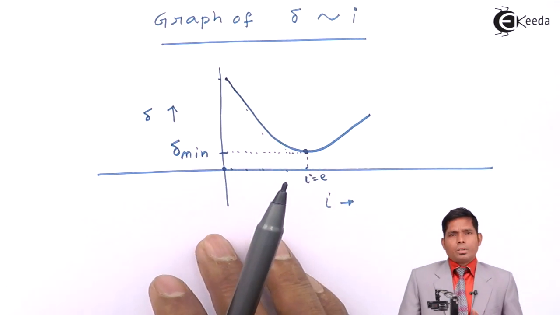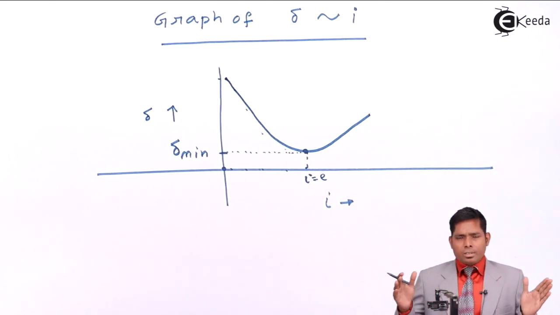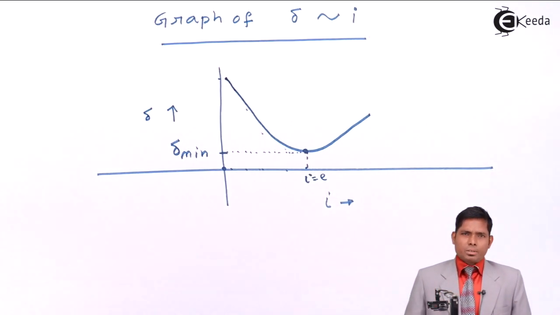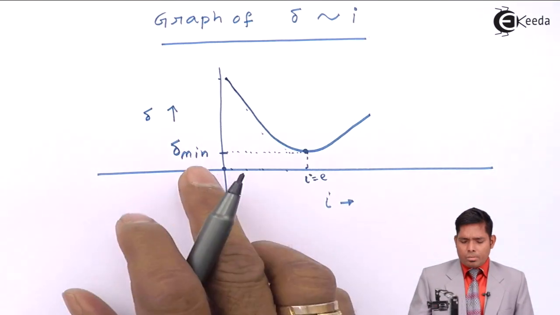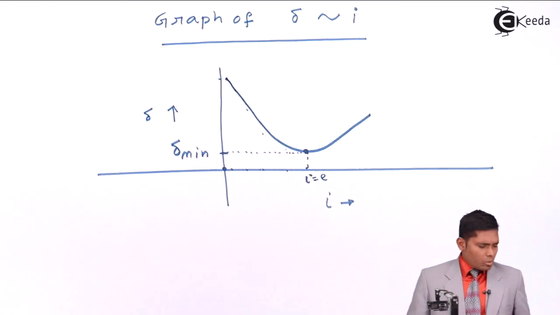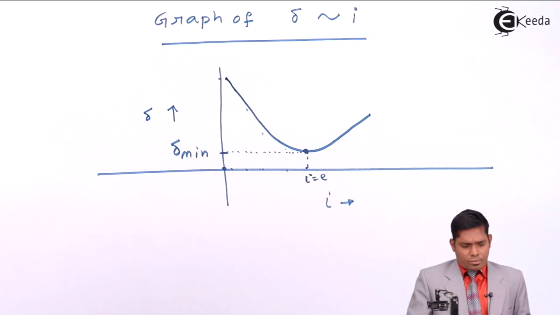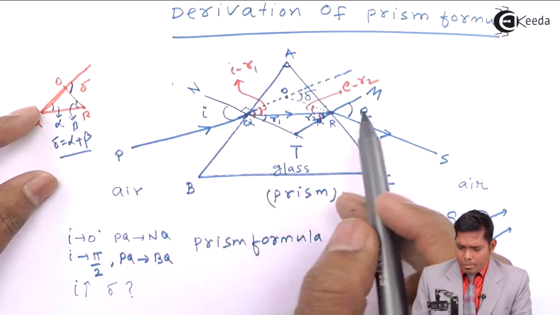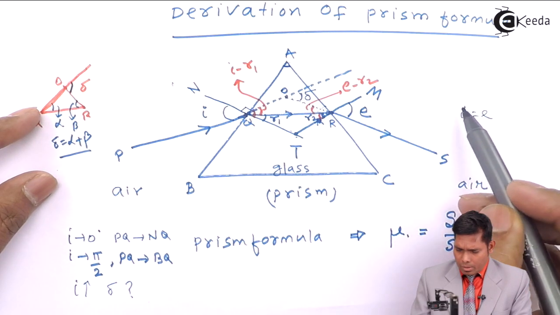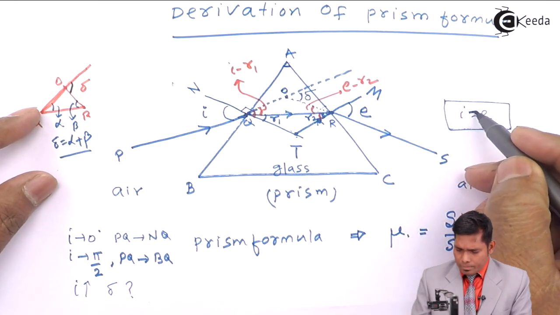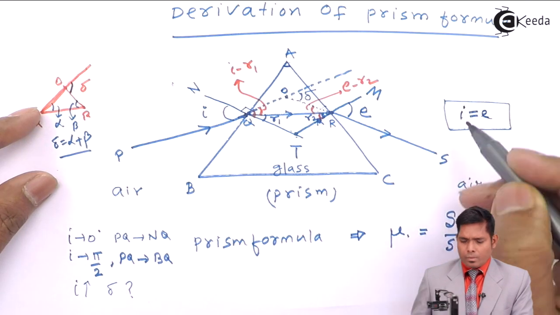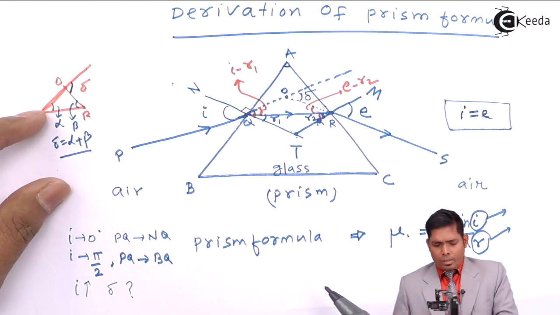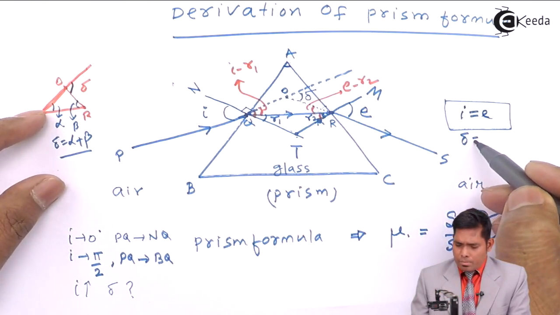Deviation becomes minimum when the angle of incidence is equal to the angle of emergence. This is the condition where this will become minimum. So if I show you the diagram, you can see here when this I becomes equal to E, under this condition only, the deviation delta becomes minimum.